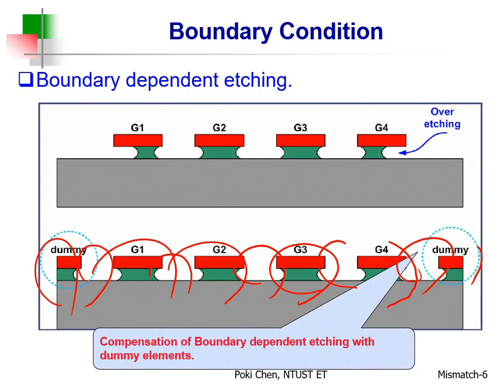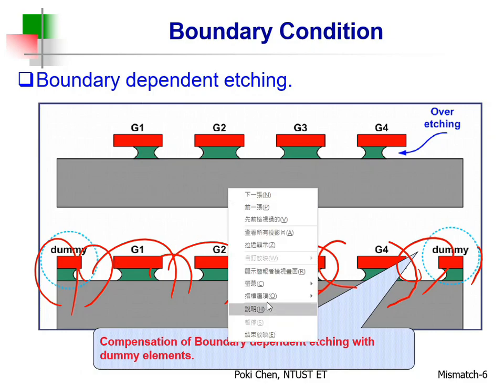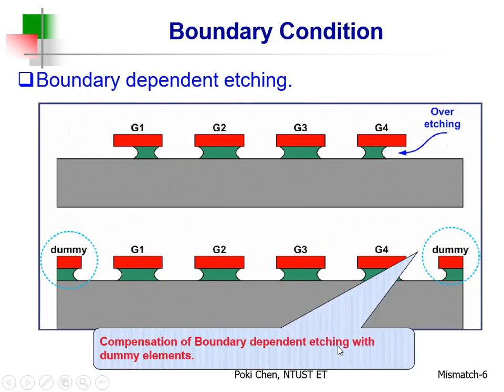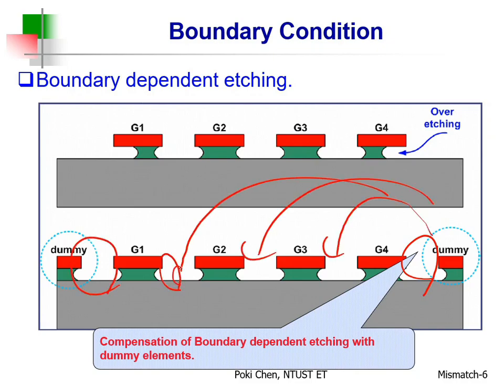So, what is the golden principle for dummy layout? The most important rule is the spacing needs to be exactly the same as the inner ones. Got it? The spacing must be the same as the inner ones, otherwise don't bother making dummy. Got it? That is the golden rule. You need to follow it.